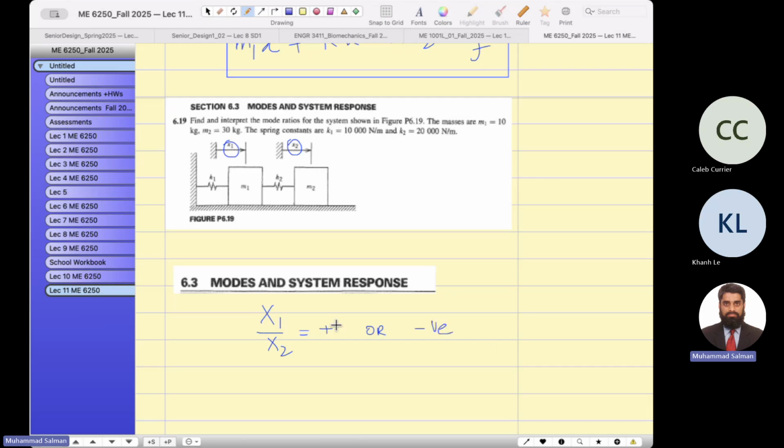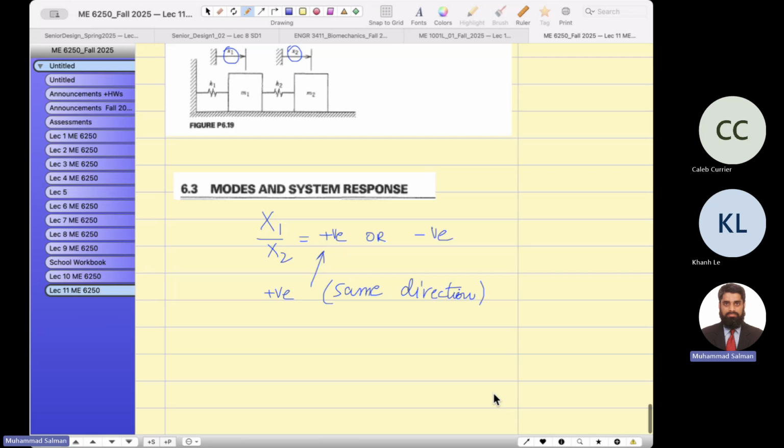Positive means both are moving in the same direction, as a rigid body mode. If the ratio is negative, one is moving to the right and the other to the left, so we call it a negative ratio of the displacements. We call it a breathing mode for the two masses.